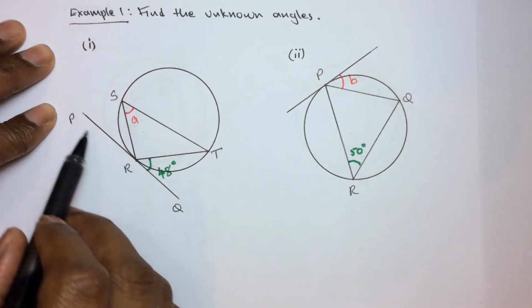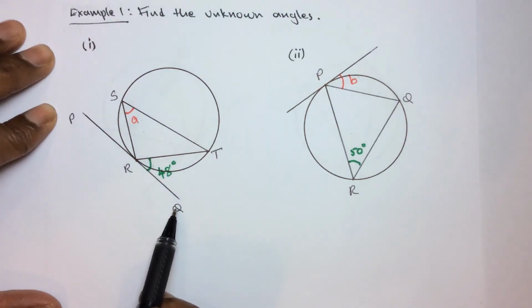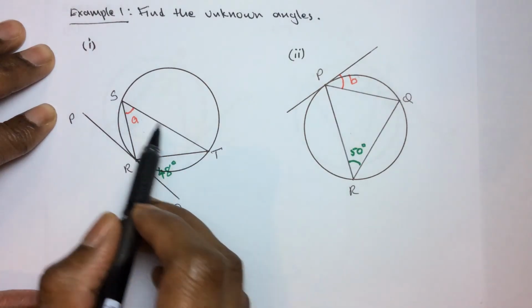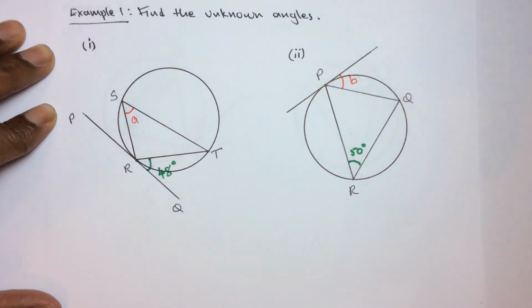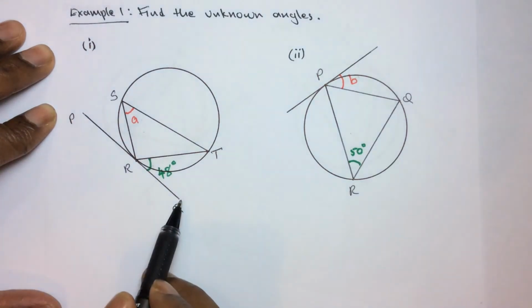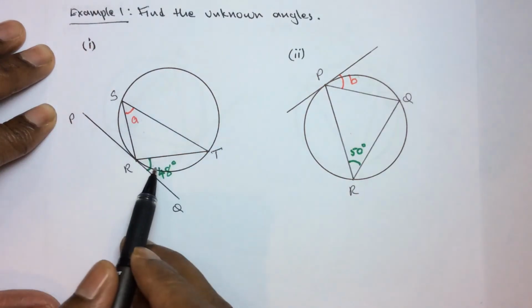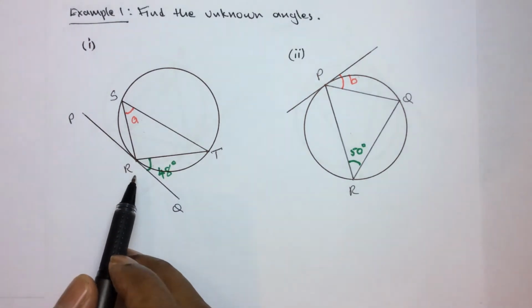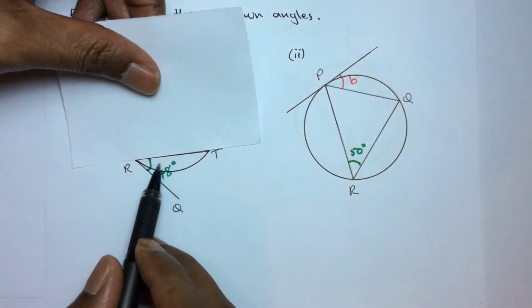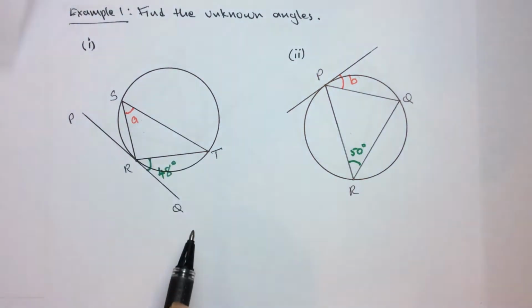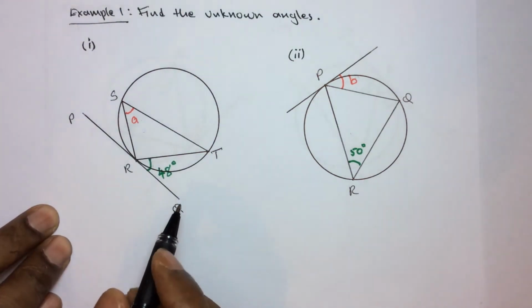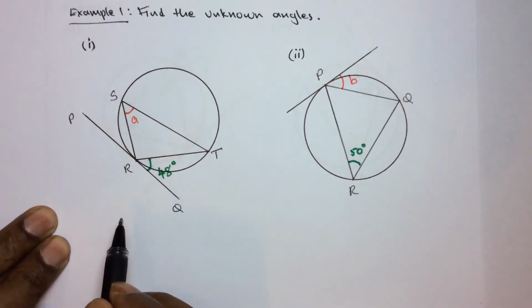So we can see that we have a tangent here, PQ, and we have a triangle here, STR. So this is the contact point of the tangent with the circle. So we have two segments, one, this one, and a second one here. So we know that angles in alternate segment are equal.